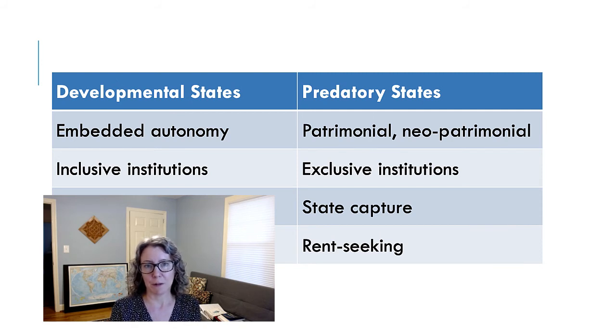Brazil was the model for import substitution, but as Evans notes, it also features characteristics of a developmental state. It was an intermediate case. Finally, just to note, you'll often see predatory states referred to as patrimonial or neo-patrimonial states as well. Those terms are equivalent. So those are the concepts that we're talking about this week.